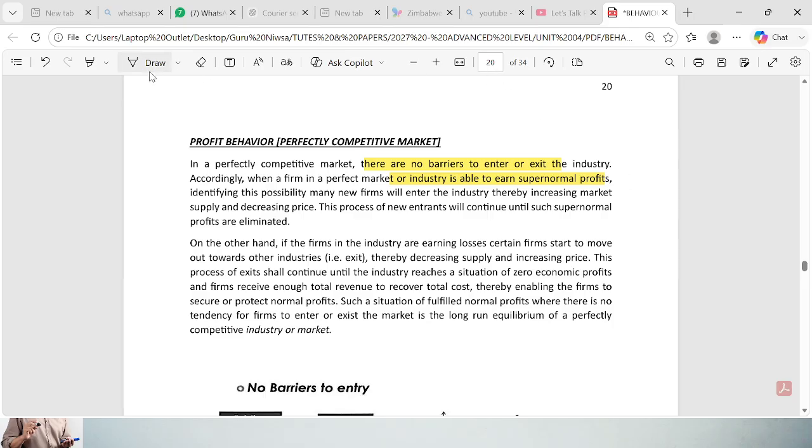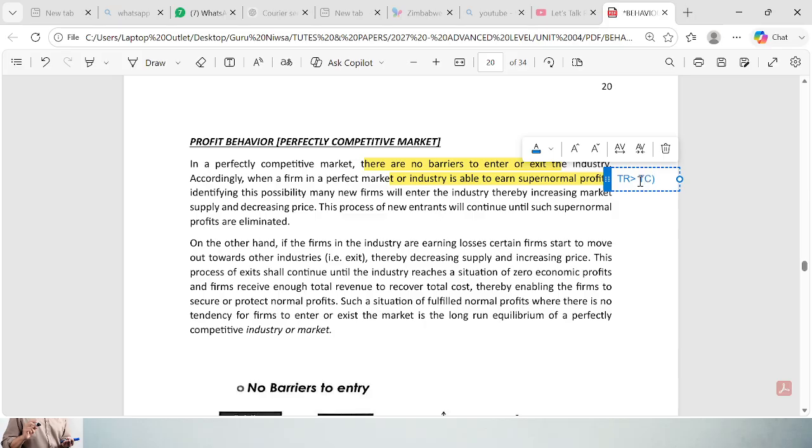Are they equal, or TR greater than TC, or TC greater than TR? Supernormal profit? TR greater than TC.